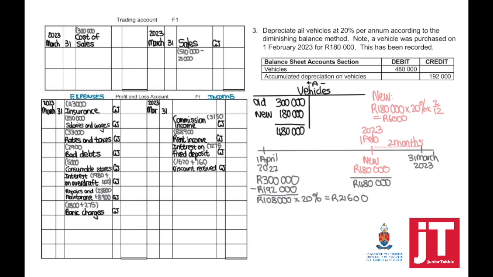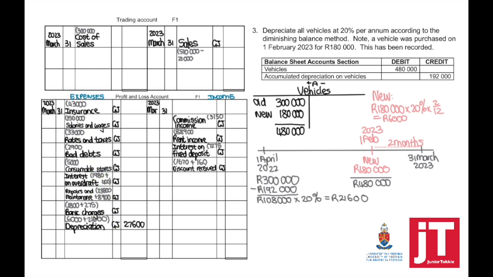And the remaining or old is always equivalent to 10 months. To find my total depreciation, it's the new plus the old. And that goes into my profit and loss account as an expense.